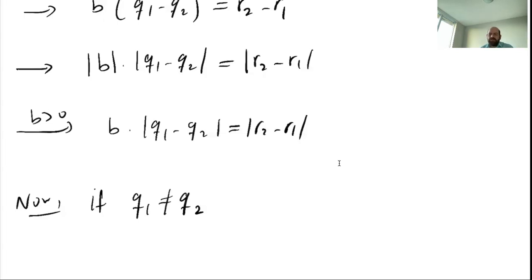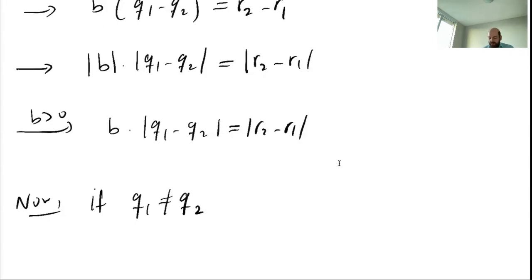We also saw this in another example today. The absolute value of a non-zero integer is at least 1. Integers means 0, 1, 2, 3, minus 1, minus 2, minus 3. If it's non-zero, it means either 1, 2, 3, minus 1, minus 2, minus 3. So in absolute value, you have a number which is at least 1.